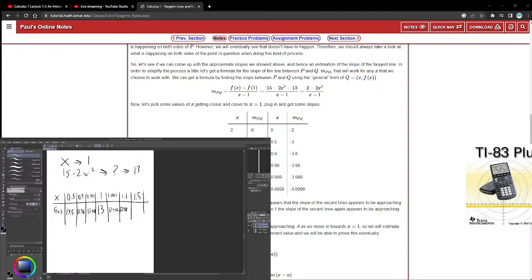And then 15 minus 2 times 1.5 squared: 10.5.